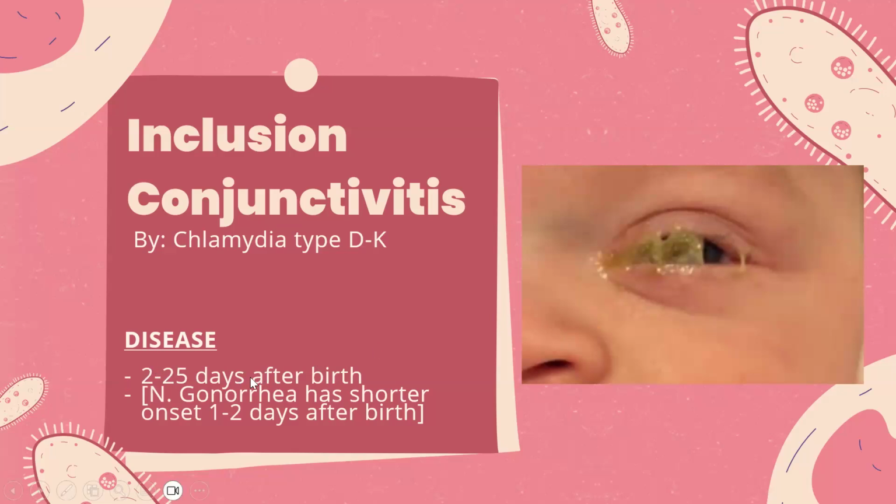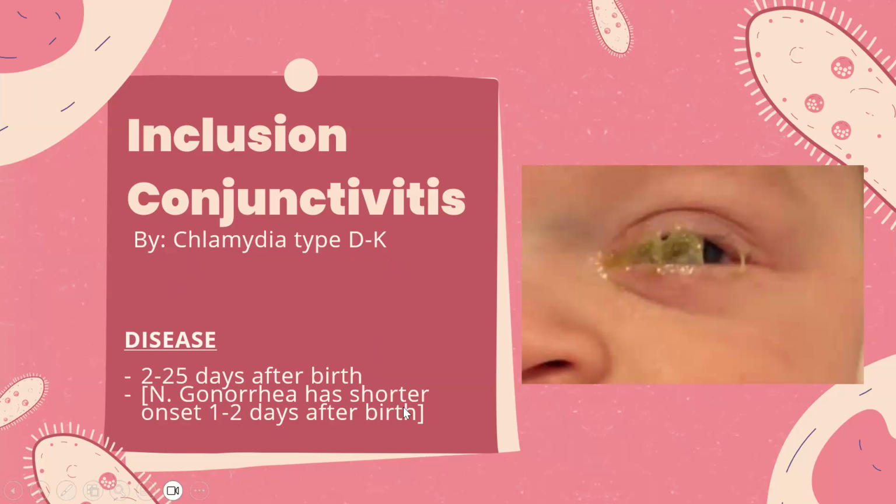So the disease onset is very important to differentiate between Neisseria gonorrhea and chlamydia types D to K. Chlamydia D to K will have the onset of 2 to 25 days, while Neisseria is more acute than this chlamydia, and it is 1 to 2 days after birth.